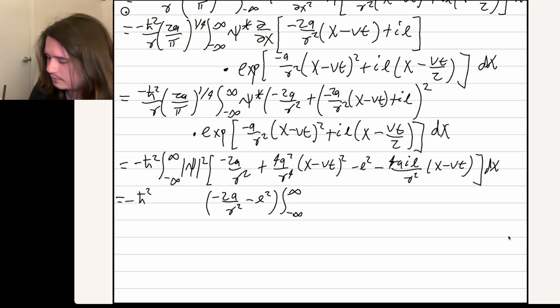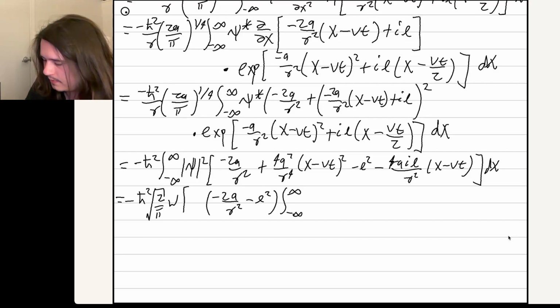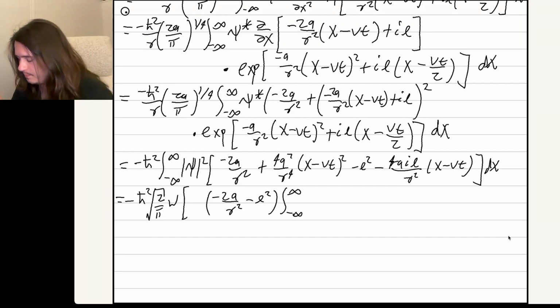So the prefactors were just the square root of 2 over pi times w, right? And then in here, this is now e to the minus 2w squared y squared dy.